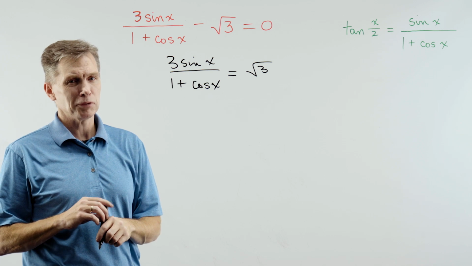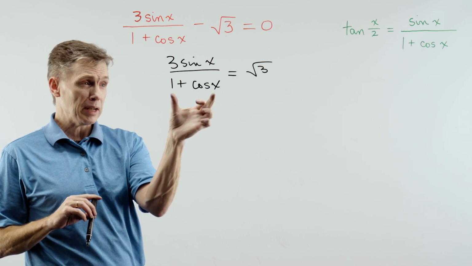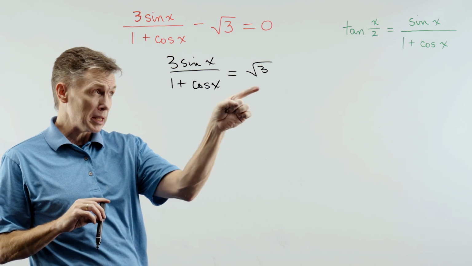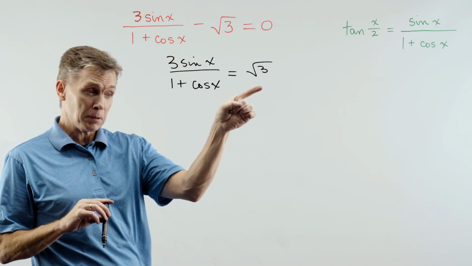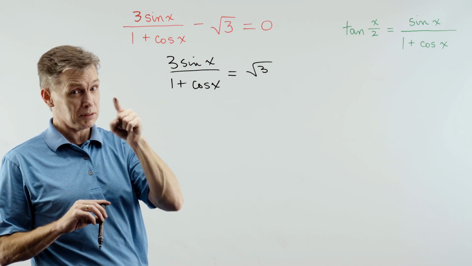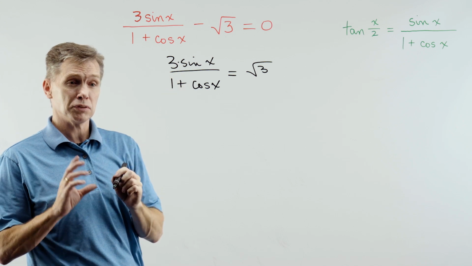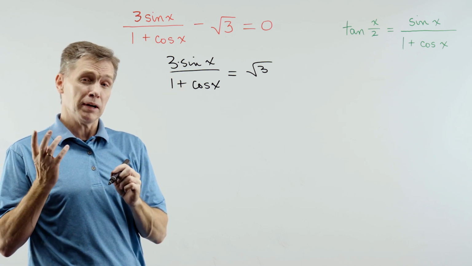A little bit of algebra, not bad at all. But now it looks really close to the right-hand side of my identity over there, except for this factor of 3. That's 3 times sine of x up in the numerator. So you can divide by it.